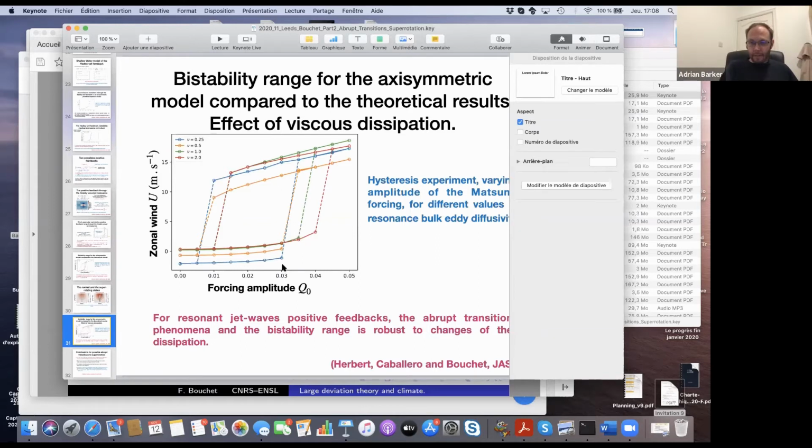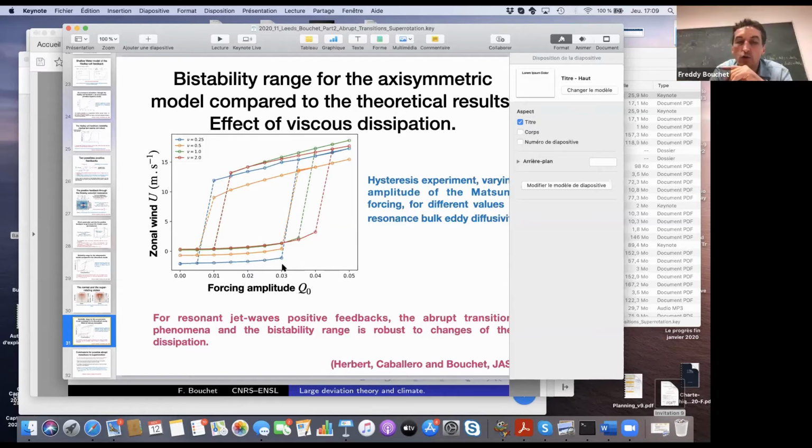David, I think you have a question. Yeah, it's partially been answered. I thought the two bits looked kind of different. In the first bit I could see that you might have solutions with 3 and 4 jets and you just kicked it between them, whereas in the second bit you actually got this hysteresis loop, which is different. But if I understand it, you're saying there is a hysteresis loop even in the 2 versus 3 jet case.